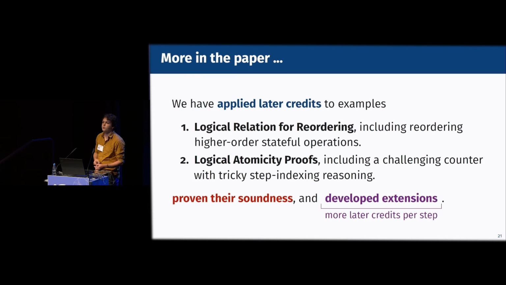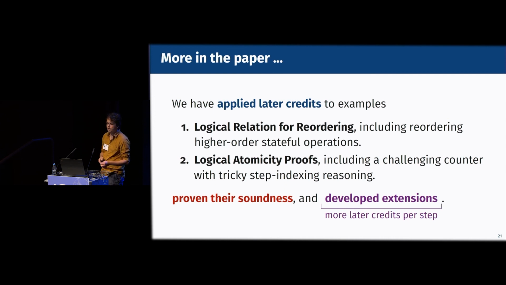And with that, I want to start to wrap up. There's more in the paper that I didn't cover in this talk. For example, we have applied later credits to two larger examples. We did a logical relation for reordering, including reordering some higher order stateful operations of a promised data type. And then we also did some logical atomicity proofs.